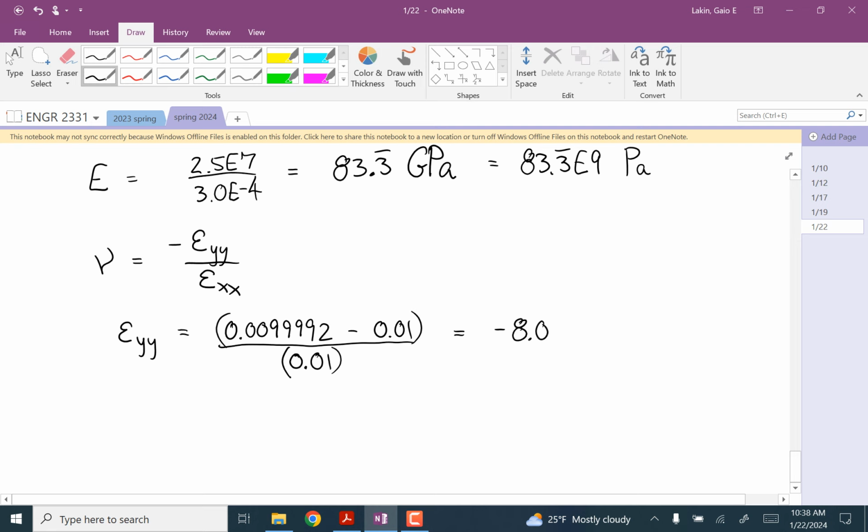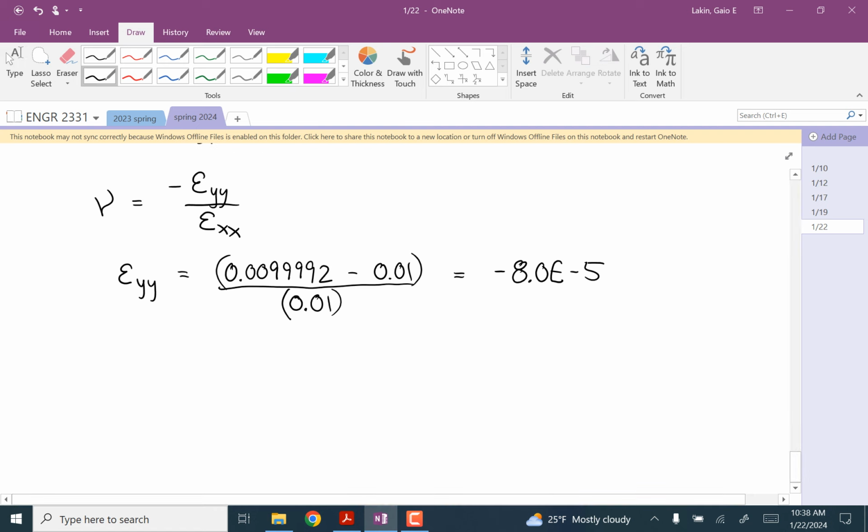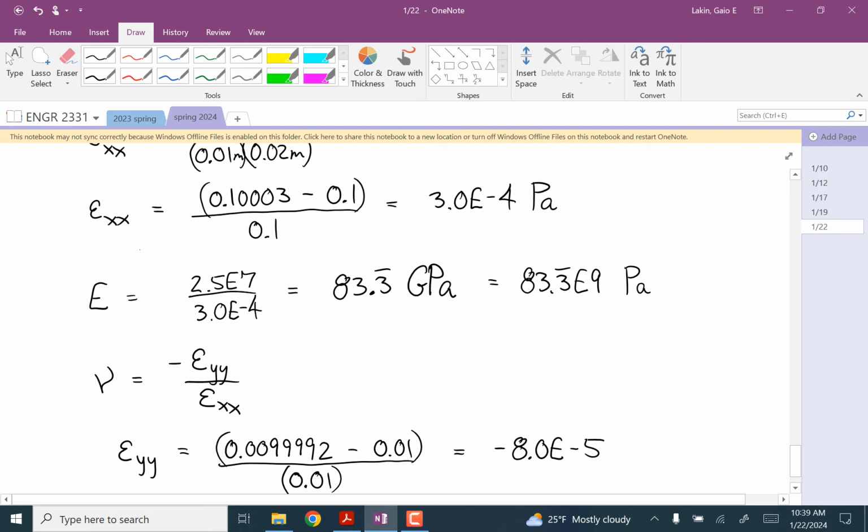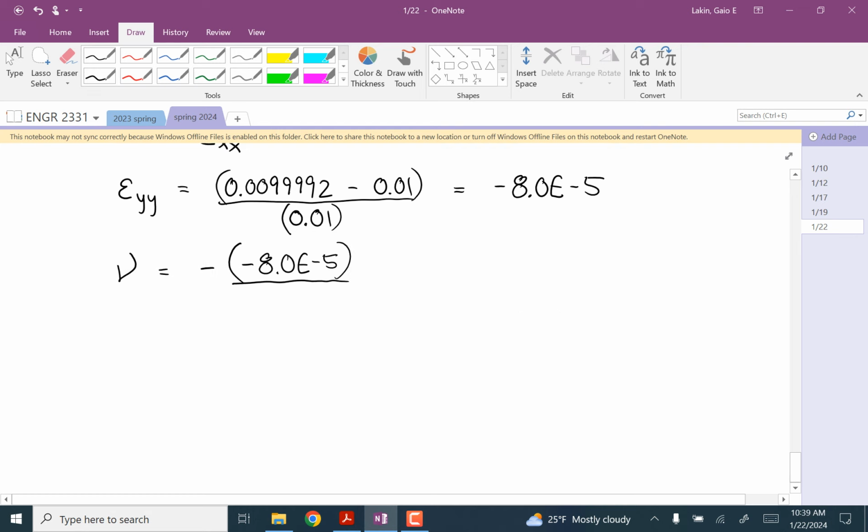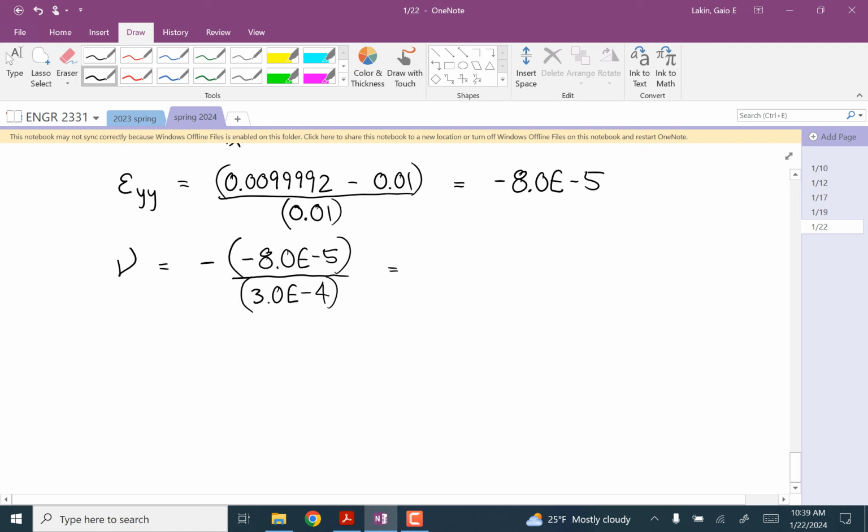And you get negative 8.0 times 10 to the minus 5. So now the Poisson's ratio is negative of negative 8.0 times 10 to the minus 5 divided by 3.0 times 10 to the minus 4. And you get a Poisson's ratio of 0.26 repeating.